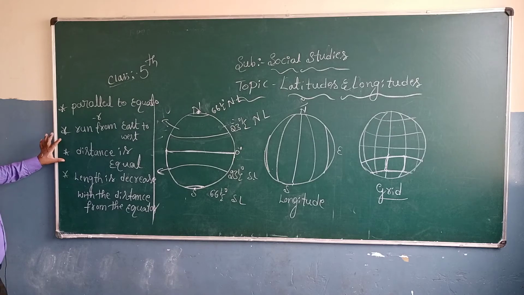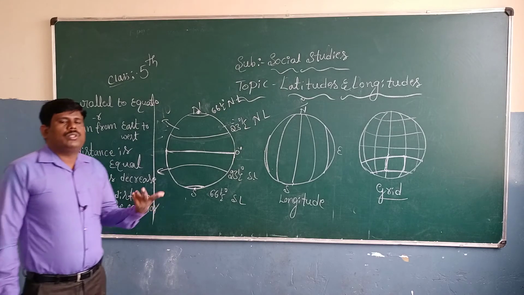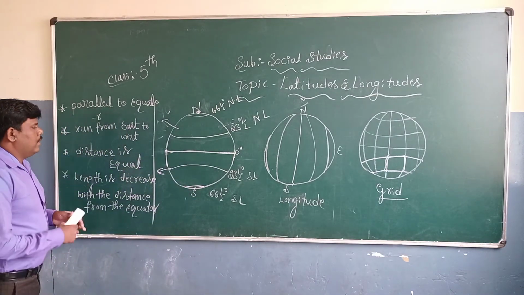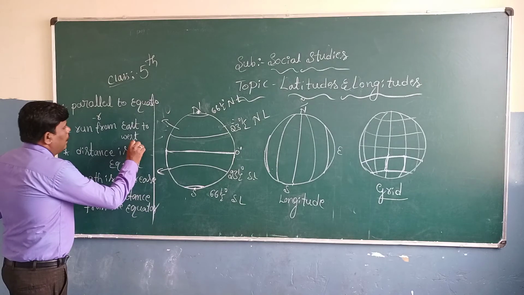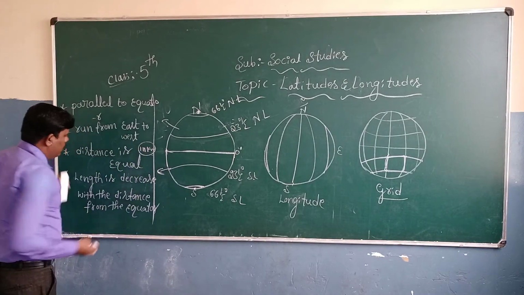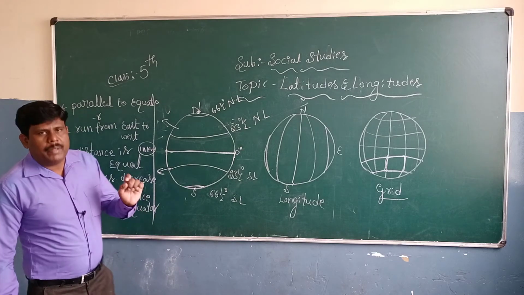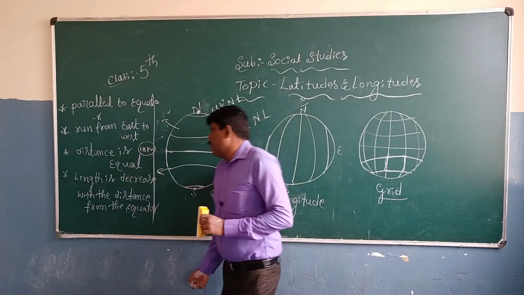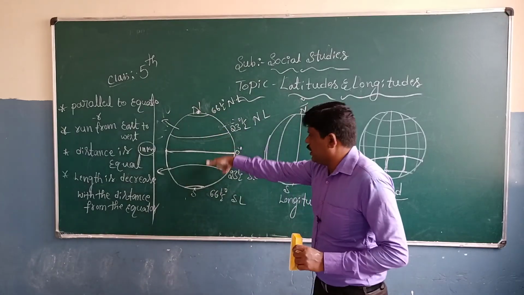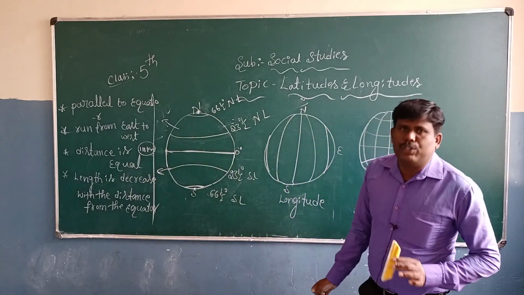The distance between two latitudes is equal, that is 111 kilometers. The length decreases with the distance from the equator. So these are the characteristics or features of latitudes.